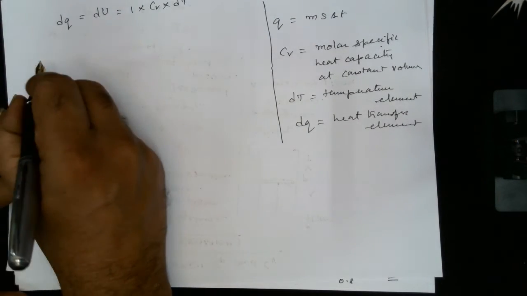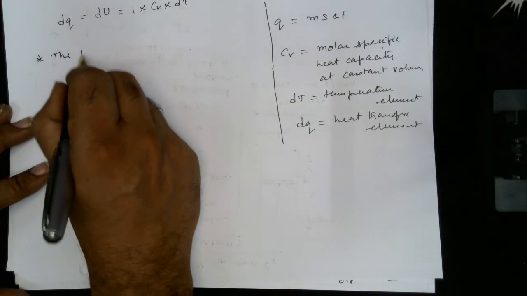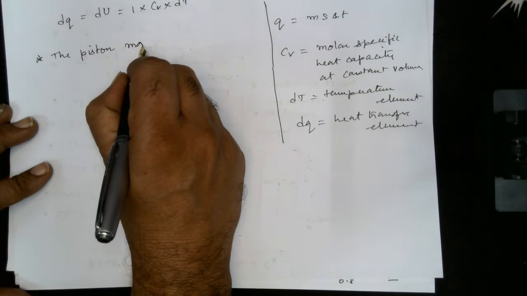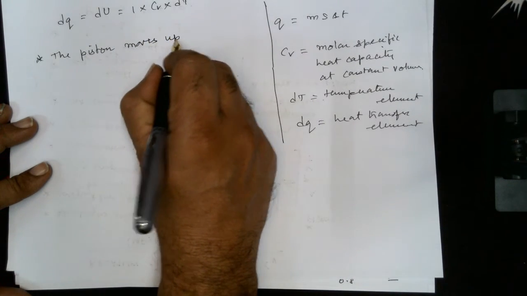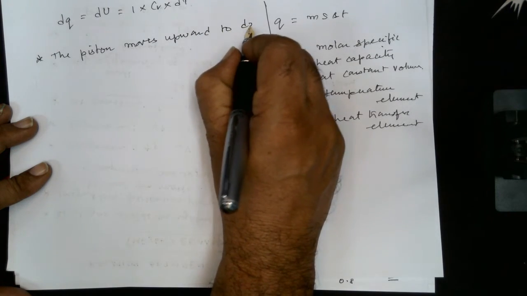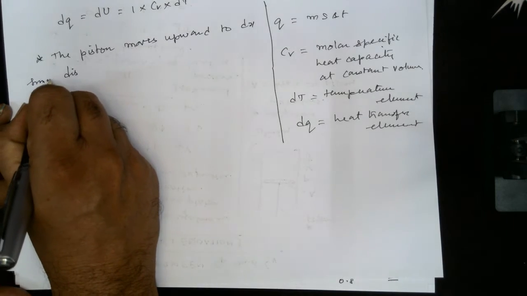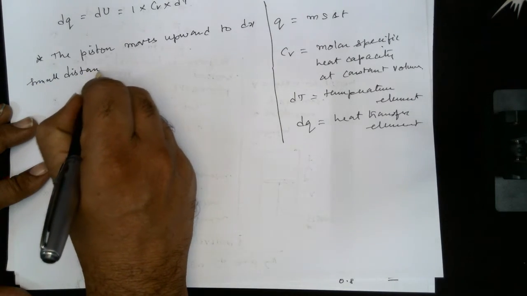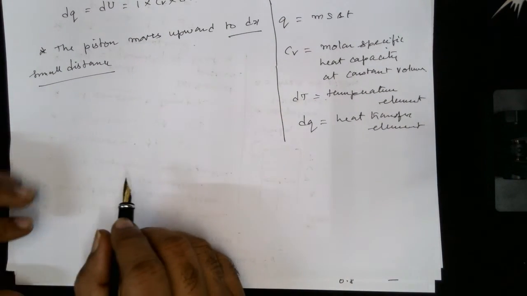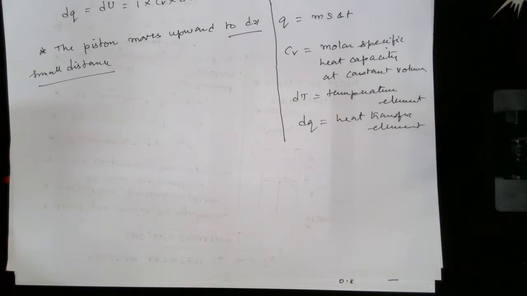So the piston moves upward by dx distance, a small distance.